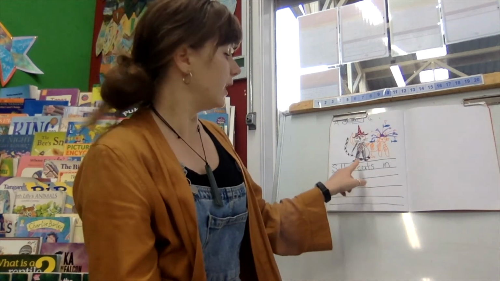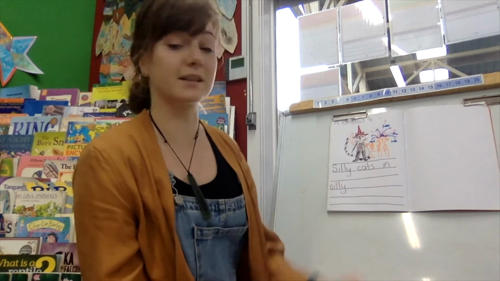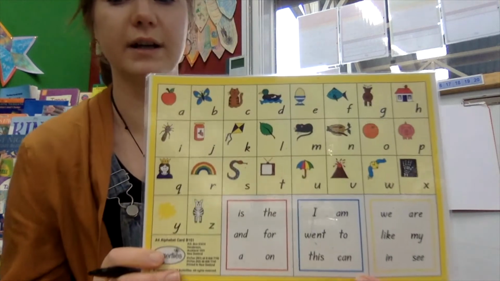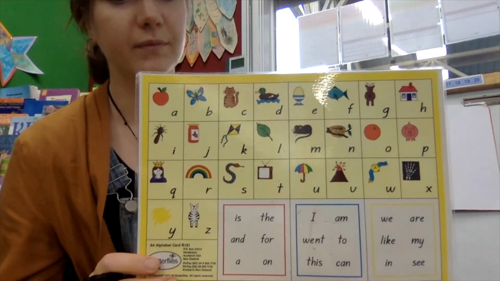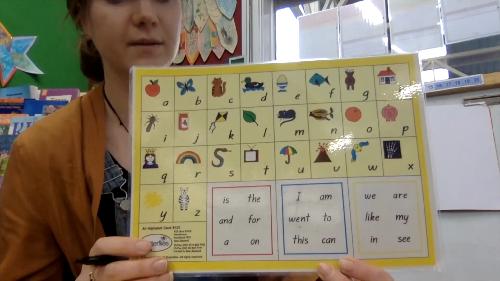Very good. Cats, hats. They are rhyming words, aren't they? Cats, hats. The only thing that's different is the beginning sound. So cats, beginning sound is k, which is a C. Hats, what's that beginning sound? That beginning sound, see if you can find it for me. The same sound that we hear at the beginning of house.